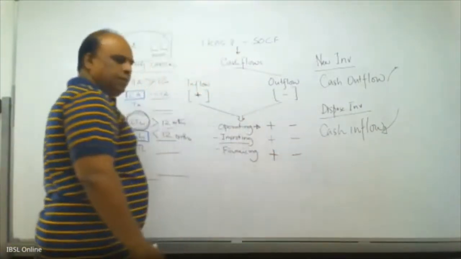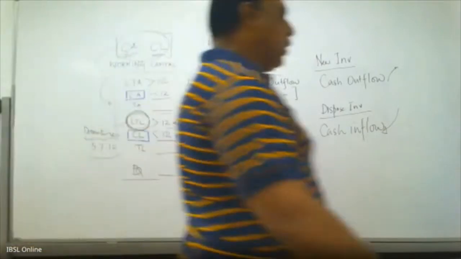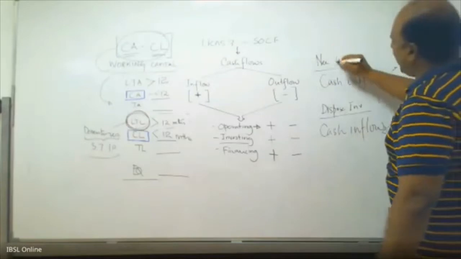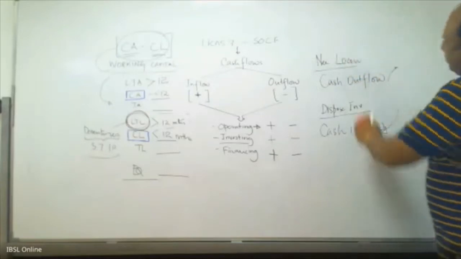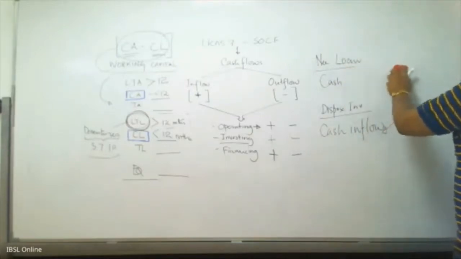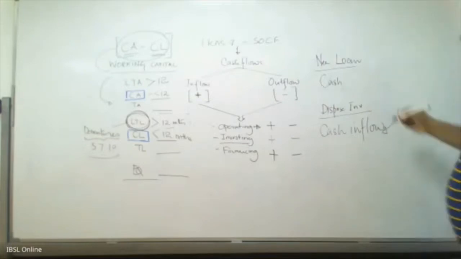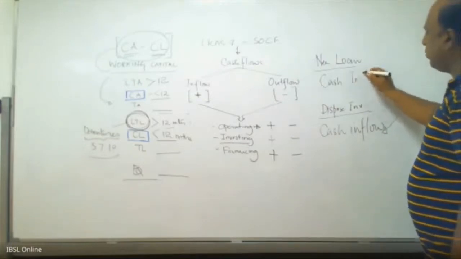How can it happen? When you go and take a new loan from the bank, what will happen? When you take a loan, money will be coming in and your liability will go up. Why? You need to repay the loan. So there will be a cash inflow.